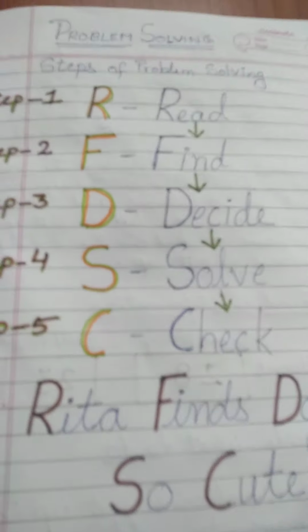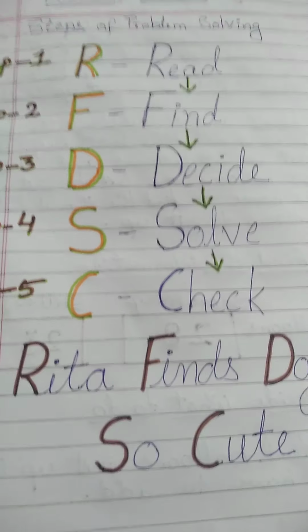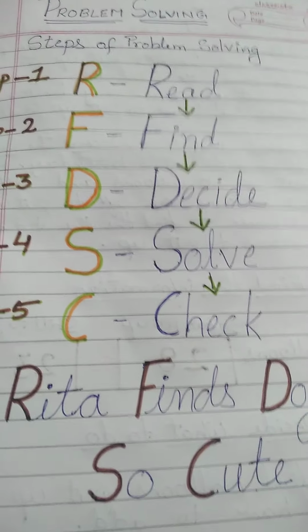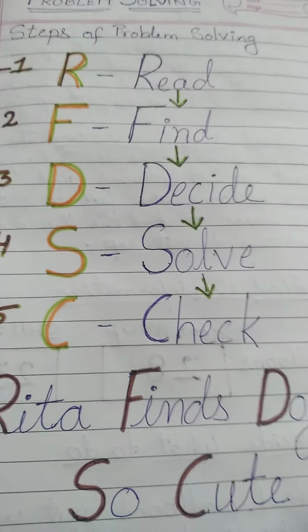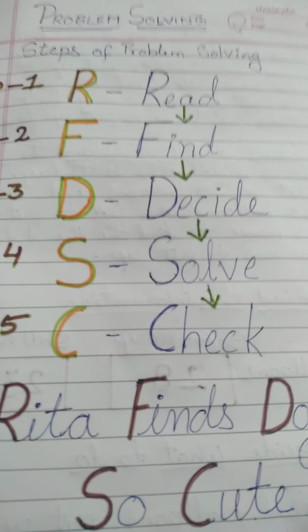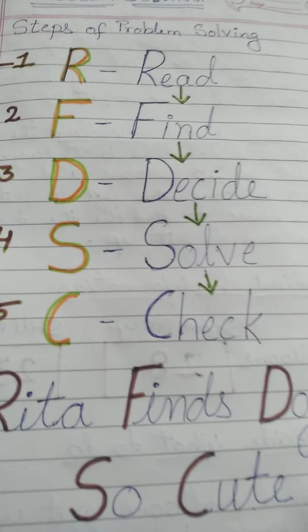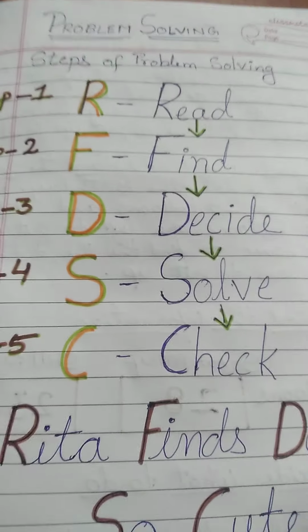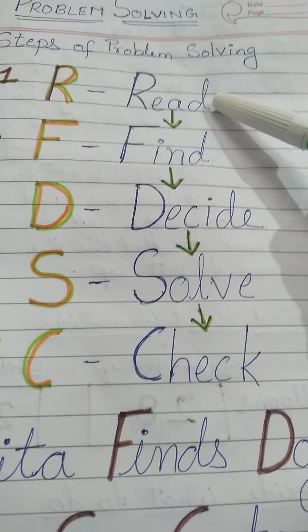Remember, children, these steps are very important in problem solving. If you follow these steps, it will make it easy to solve any kind of problem. First, read the problem and understand the problem.